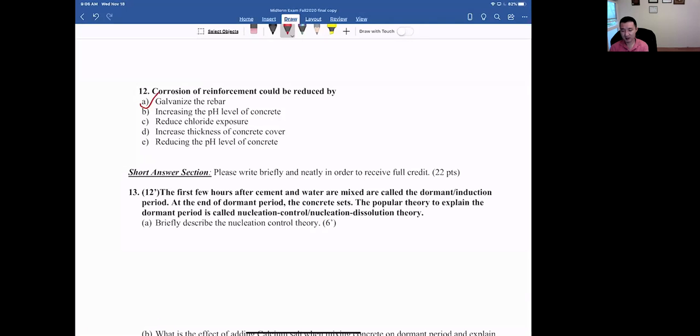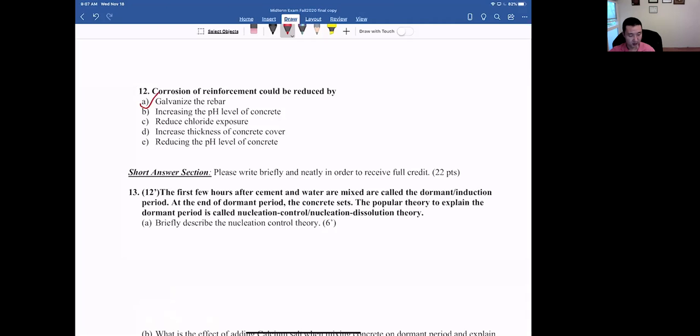In that case, zinc will serve as anode, and the steel will serve as cathode. So steel will be protected, and the zinc layer will be sacrificed. So galvanizing the bar will help reduce corrosion.